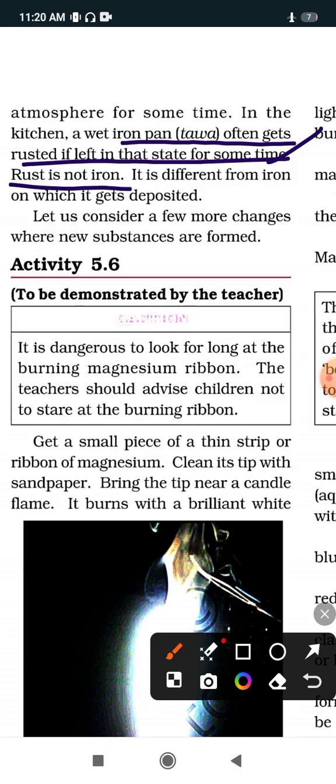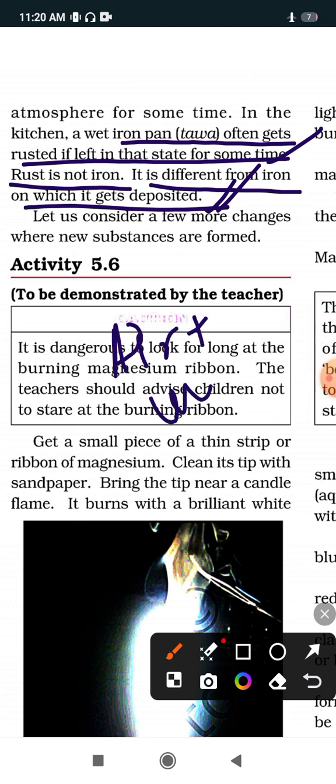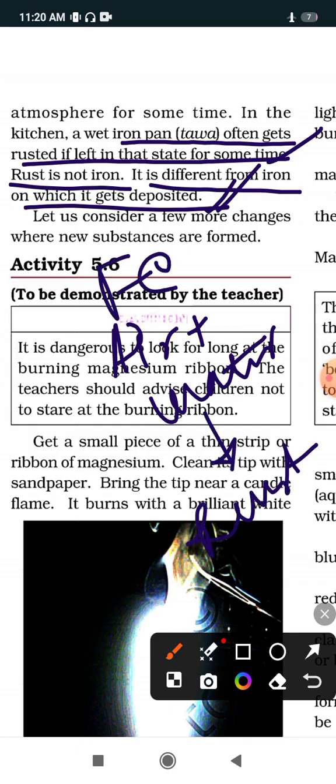Rust is not iron. It is different from the iron on which it gets deposited. Clear. So when it comes in contact with air and water, it forms rust.